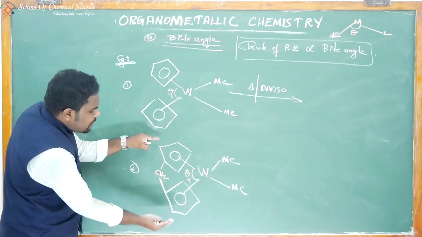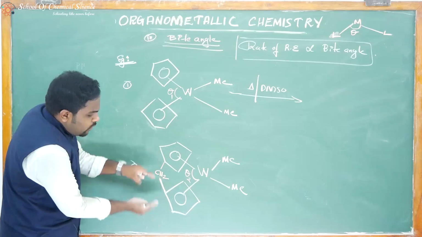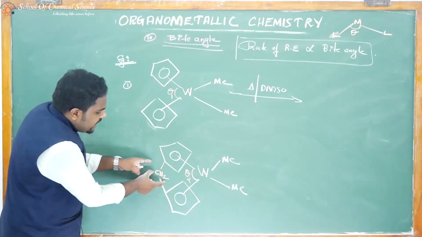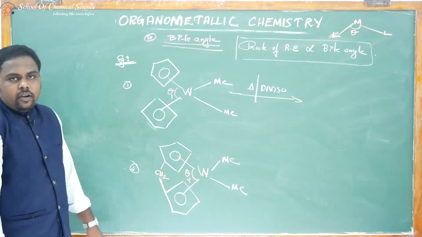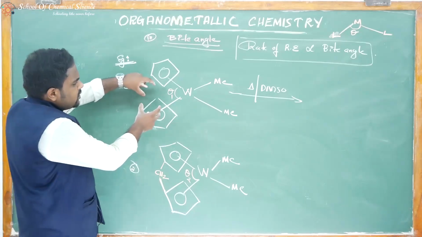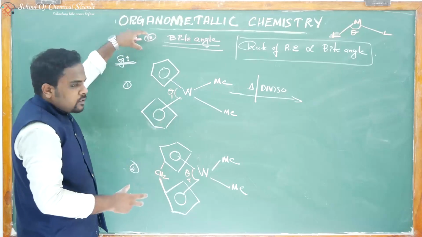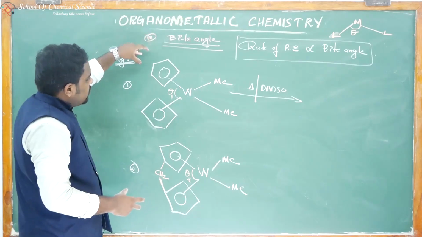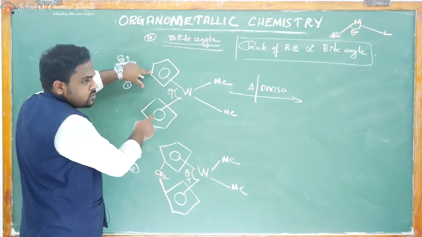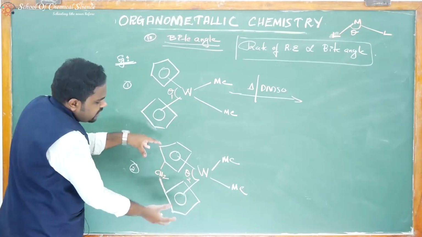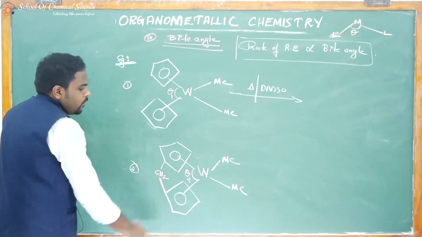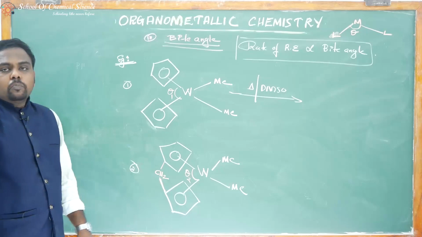Here two Cp rings are joined by a CH2 bridge. Okay, here these two Cp rings are not close to each other, but these two Cp rings are close to each other because both of them are connected by a CH2 bridge.